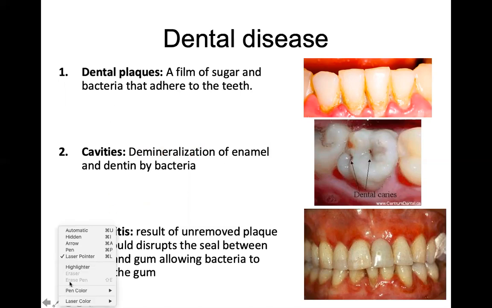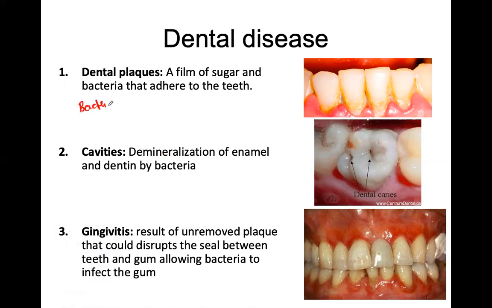So if I ask you what is the reason you get cavities, it is because bacteria, which are present inside your mouth regardless, consume sugar, and what they produce as a byproduct is basically an acidic solution. And this acidic solution can basically do what? Eat through both the enamel and dentin, and that's what we identify as demineralization.